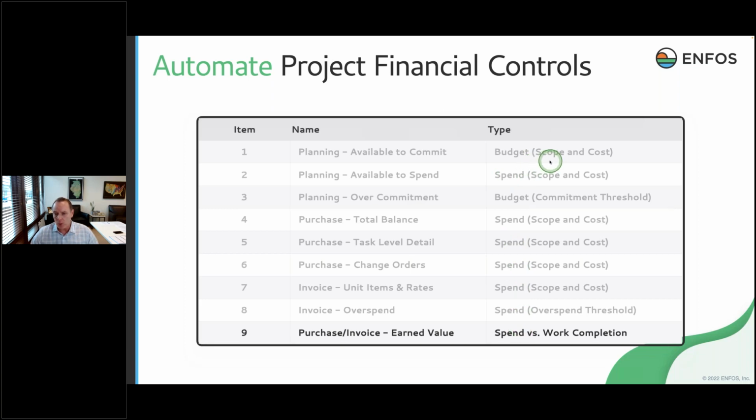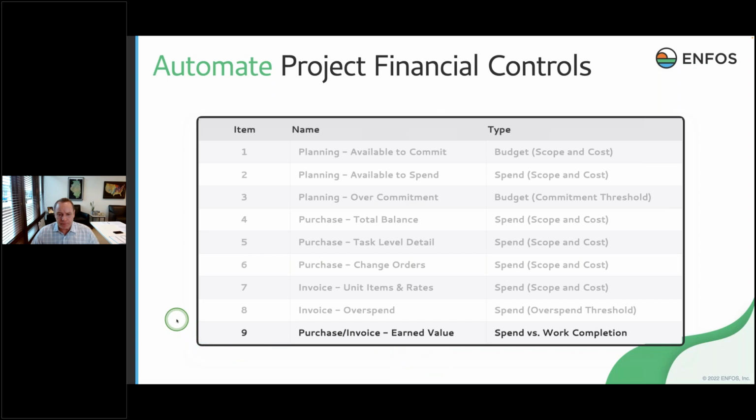And where I say scope and cost, the cost has to do with the financial baseline, right? I can or cannot exceed that amount. The scope has to do with the work breakdown structure. Can I or can I not approve spend based on certain work breakdown structure activities that are aligned with this scope? So there's both scope and cost controls. Those are all configurable.